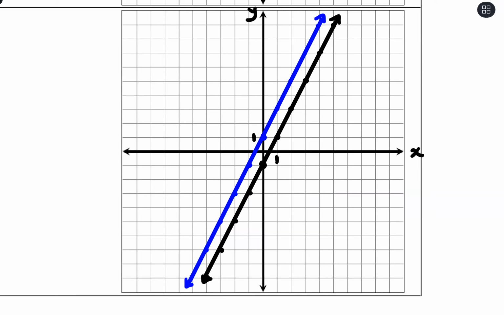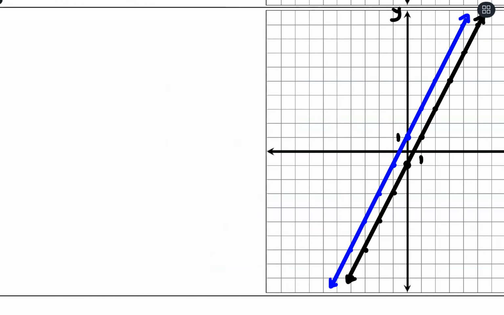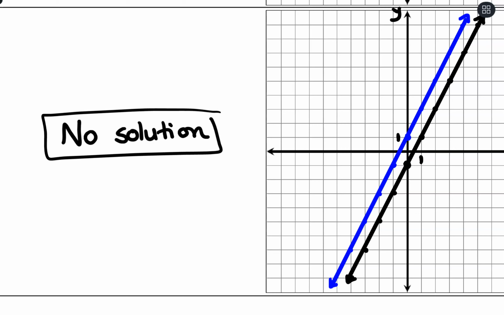So if they don't intersect, then there's no solution. So what we end up with here is just an answer of no solution. There's no coordinate that works for both of those, for that system of equations. Because they're parallel, they'll never intersect with each other.